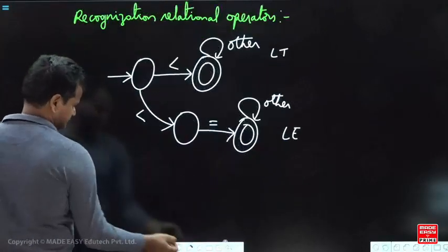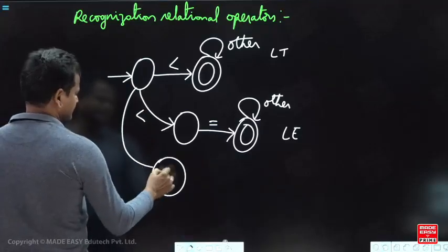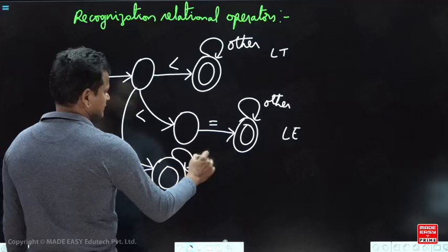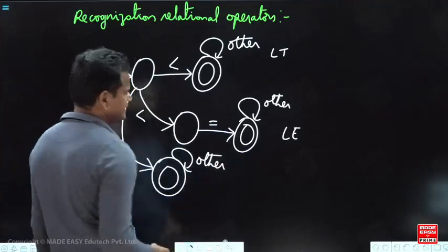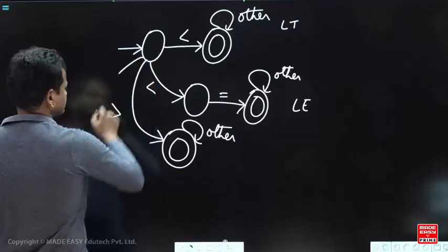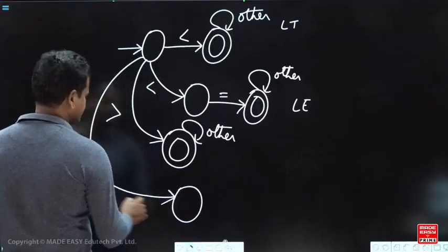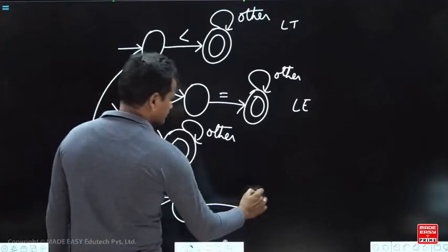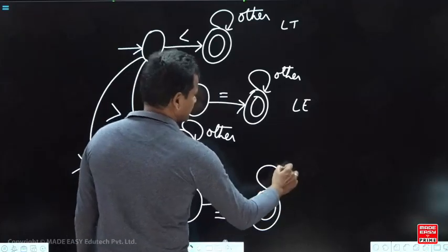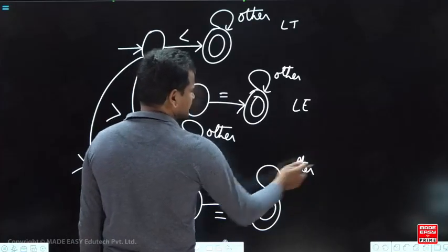Suppose greater than. So this is greater than followed by something. So how to write the diagram for relational operators? Suppose it is greater than or equal to. Then for greater than or equal to, after that something.